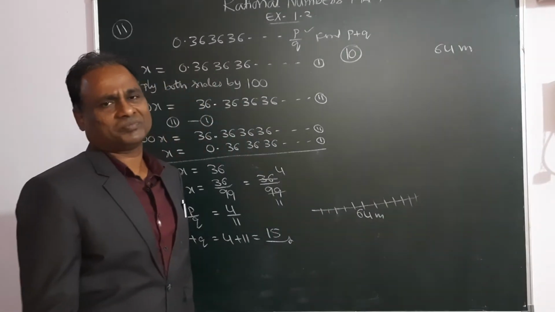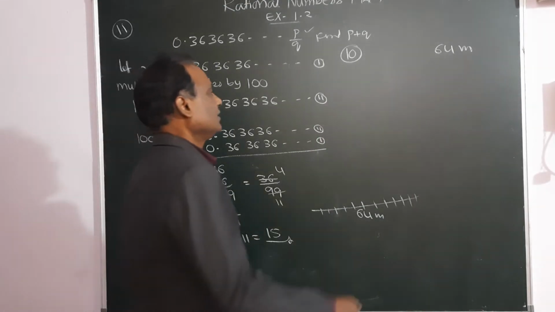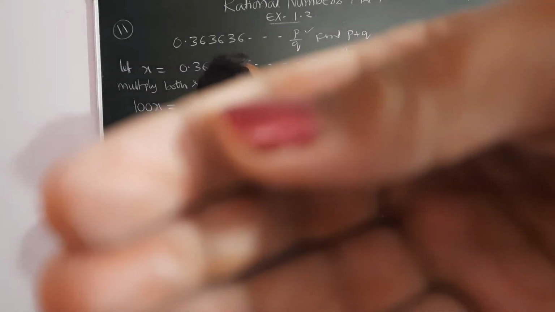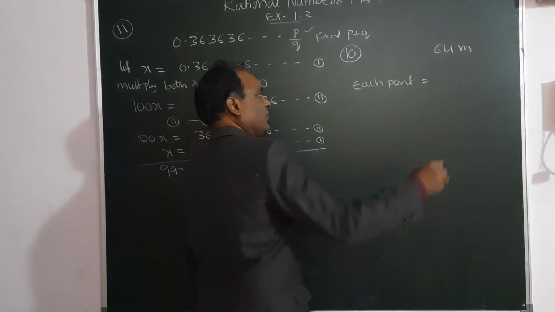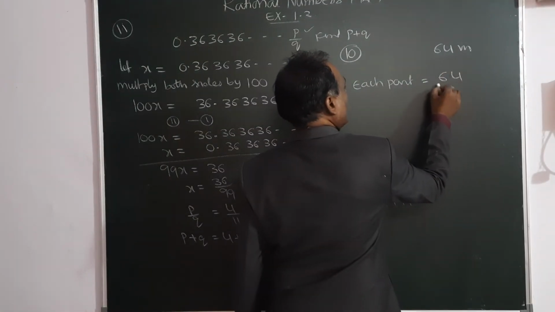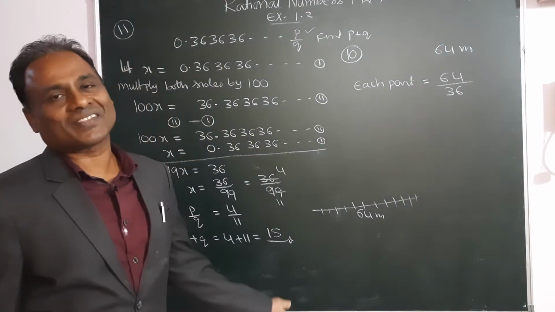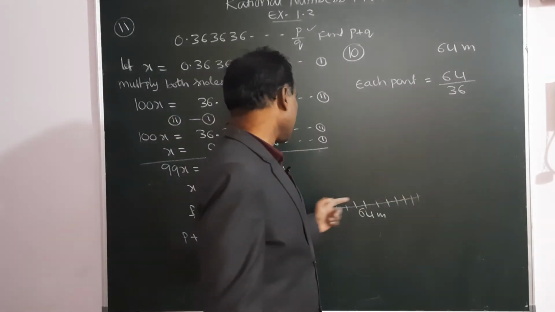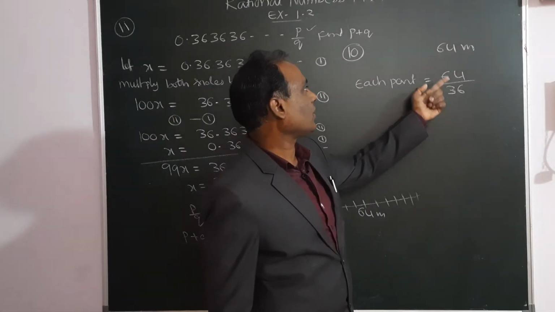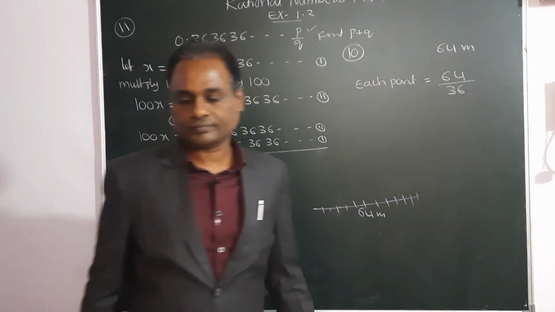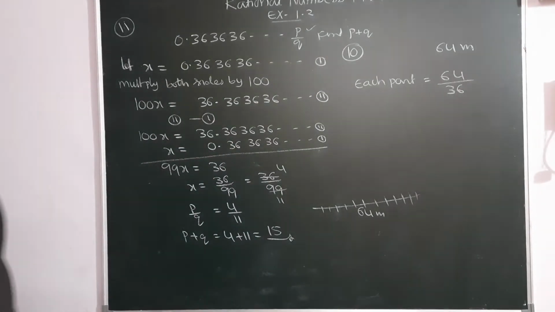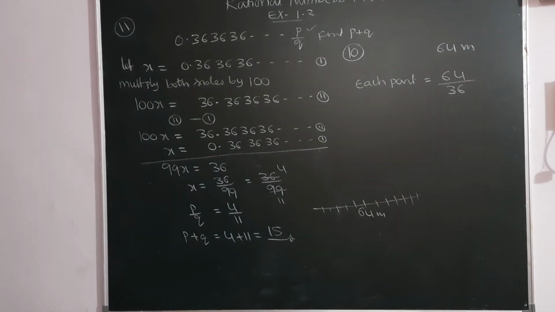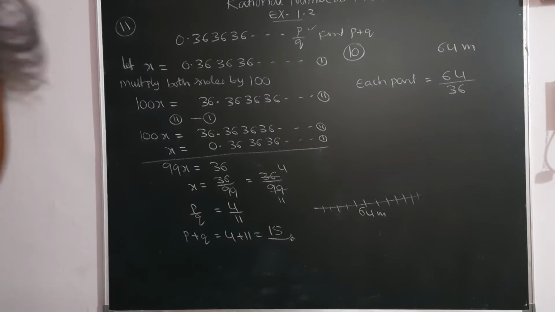Simple question. Each part is equal to the total 64 divided into 36 parts. So 64 by 36. Only simplification.